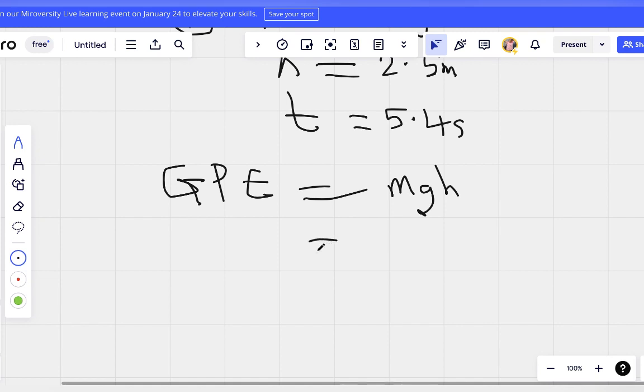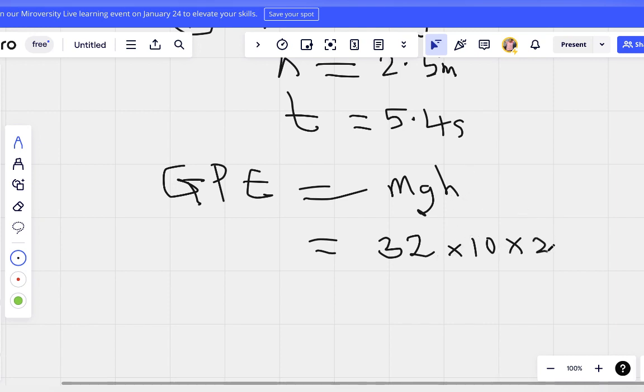And this is equal to, the mass is 32 kg, multiplied by the gravity. They would give you the value, but for IGCSE we take the value to be 10. For A level, the value is 9.81. For IGCSE we round it to the nearest whole number, so it's easier for our calculation. So we say times 10, then the height is 2.5.